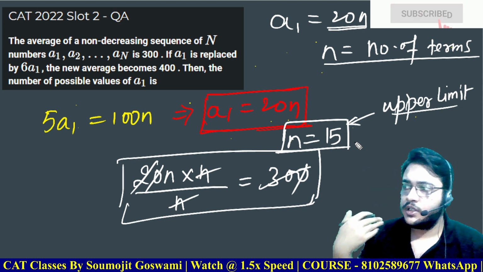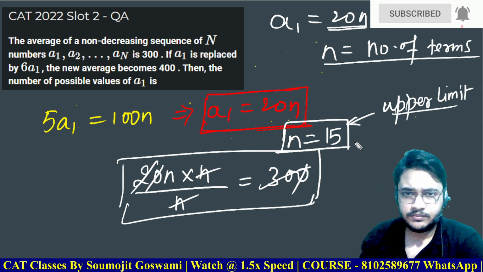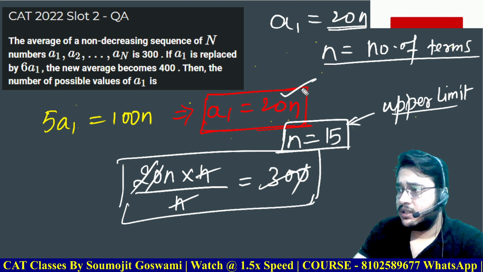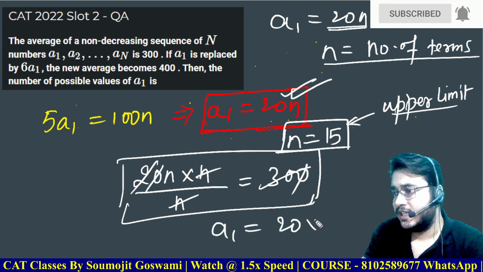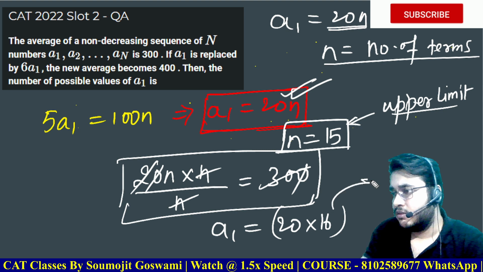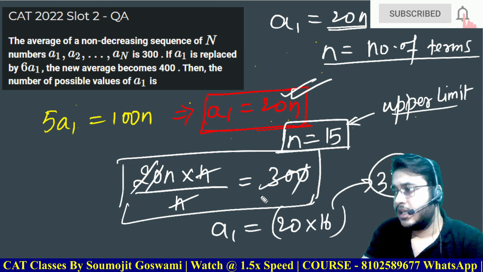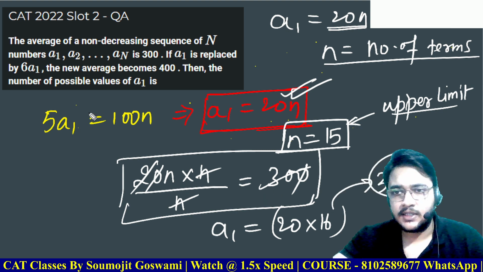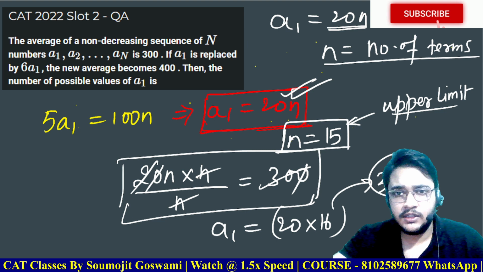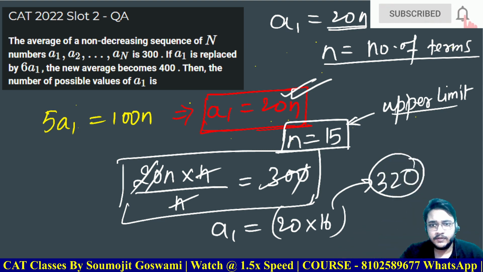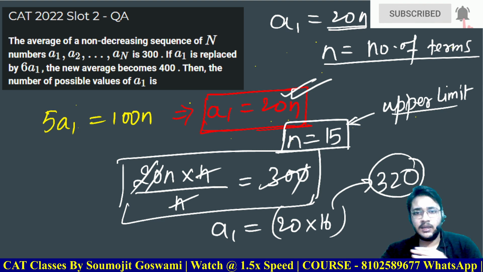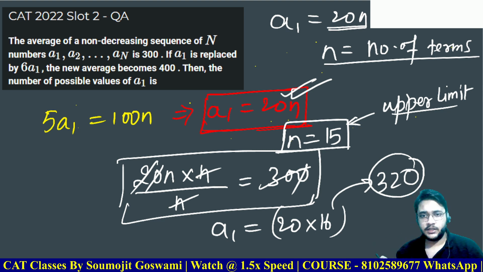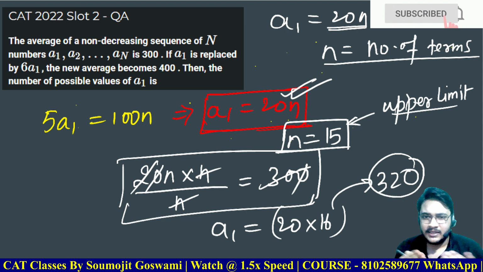Because if you substitute for 16 terms, remember the first term will be a1, that is 20 into 16, which is 320. Now if the first term is 320, and all other terms are either equal to 320 or more than 320, think about it logically.